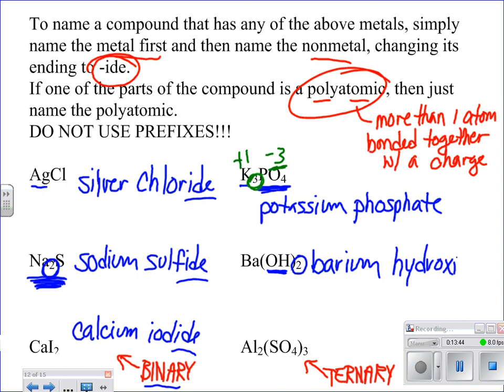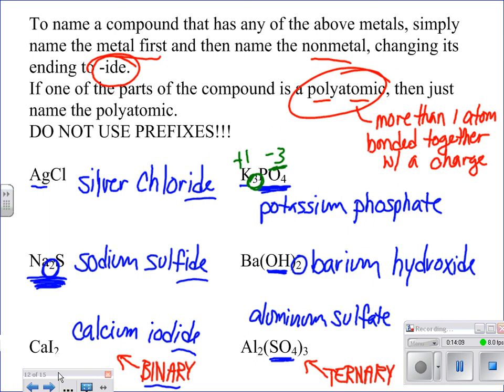It's hydroxide, barium hydroxide. Then we get to aluminum and SO4. Yeah, you happen to have 3 of them. But you're looking for it, and you find SO4 under your -2 charge, and it is sulfate, aluminum sulfate.